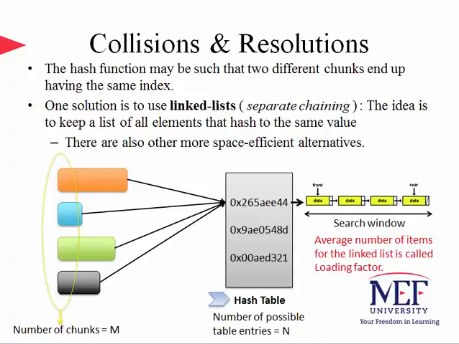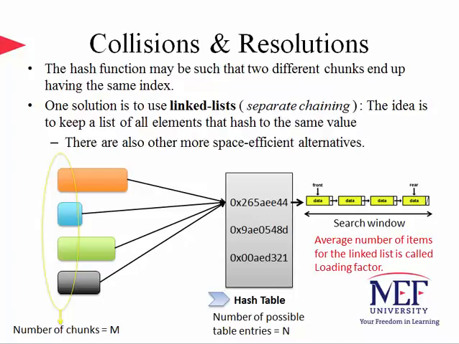In the example below, we show 4 chunks mapping to the same index, and indexes become pointers to the corresponding linked lists. If there are 4 chunks mapped to the same index, as in this example, then we have a 4-element linked list. I'm assuming here that you are familiar with data structures like linked lists.